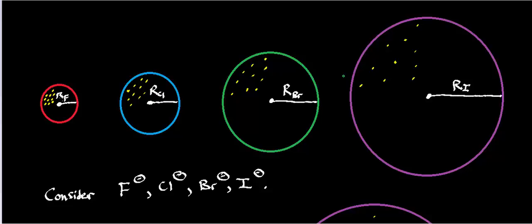Notice, and hopefully you can see this by visual inspection, that in fluoride, if I put all the electrons in that little octant, they're very close to one another. Whereas in iodide, because it has a much larger volume, even though I put all the electrons in that one octant, they're still much farther apart.